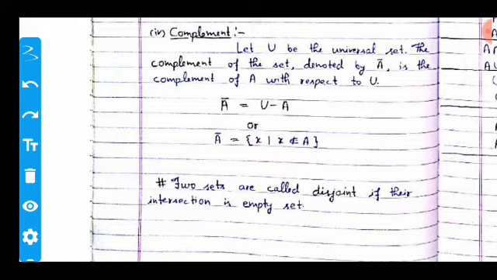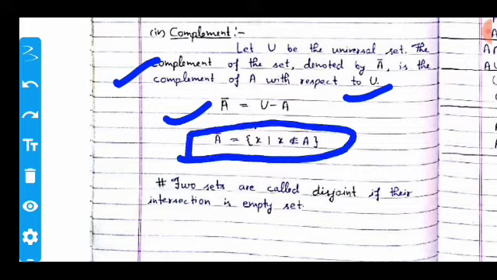The complement of a set, denoted by A bar, is the complement of A with respect to U. So A complement is equivalent to U minus A, or A complement is also represented like x such that x does not belong to A, meaning it belongs to U. Two sets are called disjoint if their intersection is the empty set.